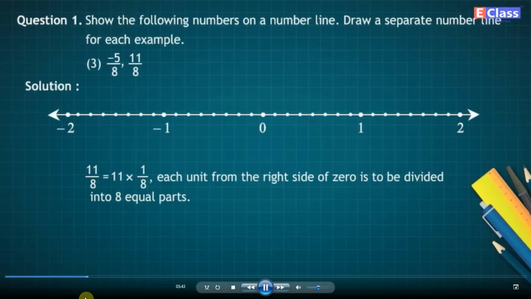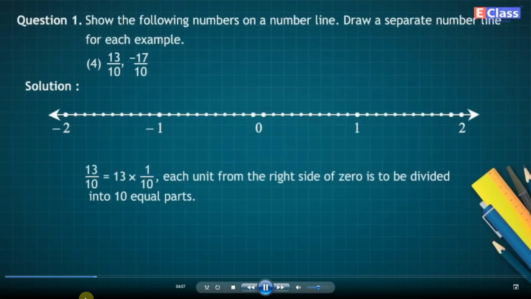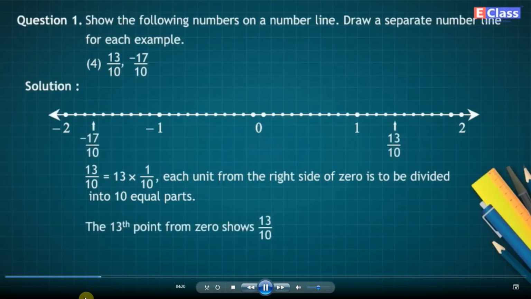Show 10. Each unit from the right side of 0 is to be divided into 10 equal parts. The 13th point from 0 shows 13 by 10.